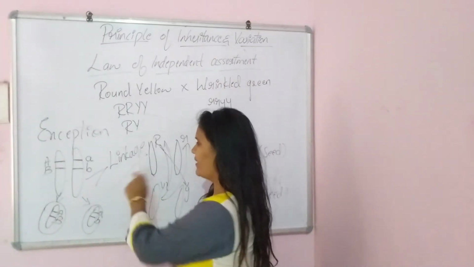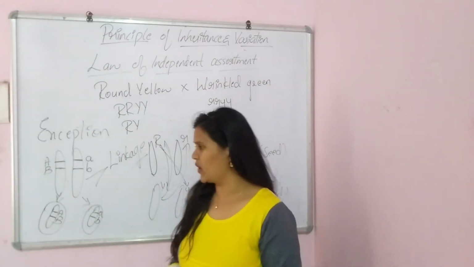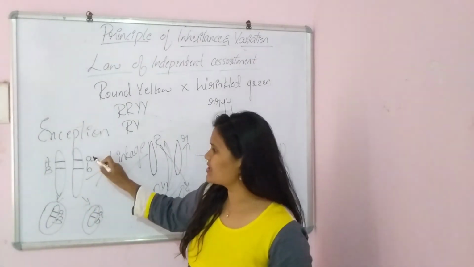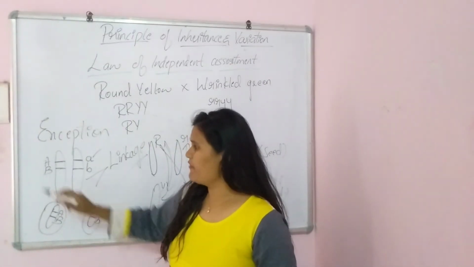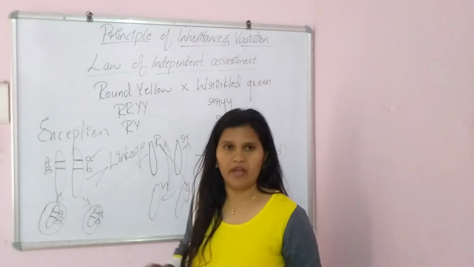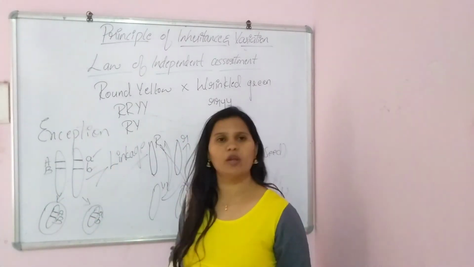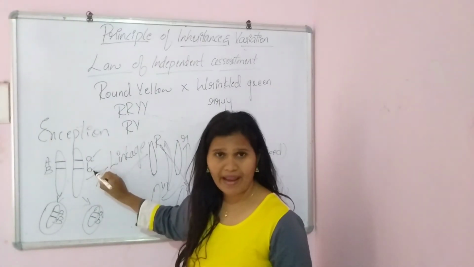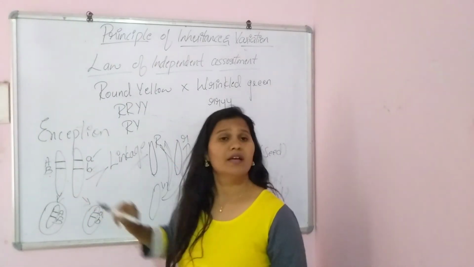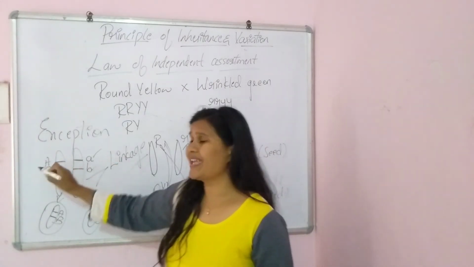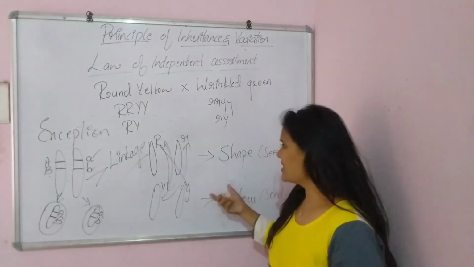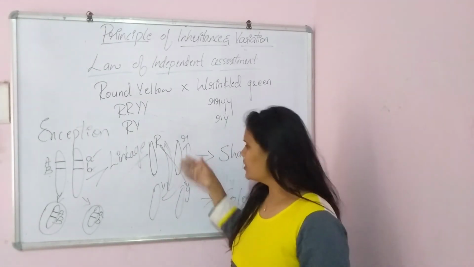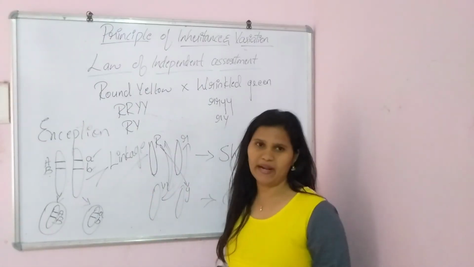Here it is called linkage because this capital A allele cannot get assorted with this small a. In the same way, this capital allele A won't get assorted with the small b. And in the same way, small a cannot assort with the capital B and also the capital A. Where alleles are present on different chromosomes, they got assorted independently.